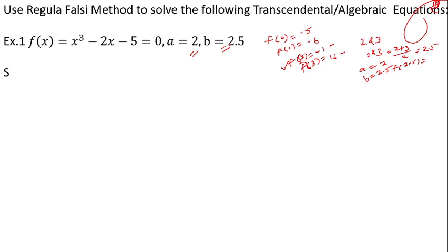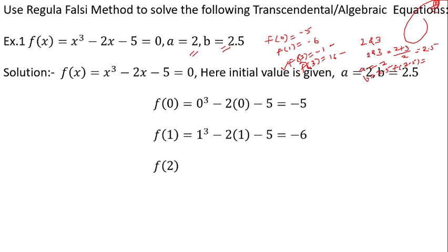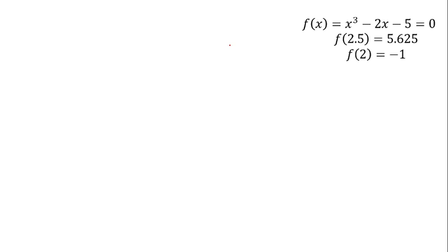But this is the method to find a and b. The same I have explained here. Here f of 0 is 0 cube minus 5, that is minus 5, f of 1 is minus 6, f of 2 is minus 1, and f of 3 is equal to 16. Therefore f of 2.5 is positive, therefore we can choose the average of these two as a and b.